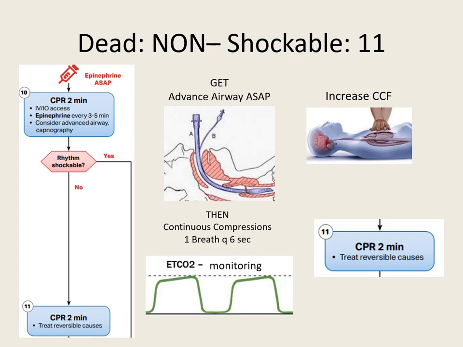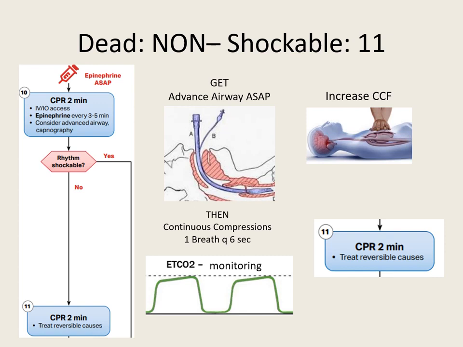So then we're going to get some more work done. Let's get that advanced airway in place, because once we get that advanced airway in place, we can do continuous compressions. Continuous compressions will definitely get our chest compression fraction above 80%. And when we breathe, we just give 1 breath every 6 seconds. Let's slap that continuous waveform capnography in place so we can monitor our quality of compressions.